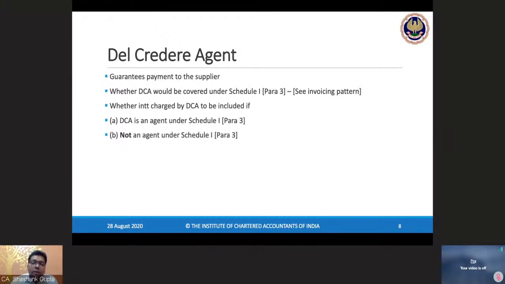Or there could be cases where there is a Del Credere Agent who is not undertaking supply of goods on behalf of the principal. He buys the goods from the principal and further sells them, and hence those kinds of Del Credere Agents would not be covered under Schedule 1.